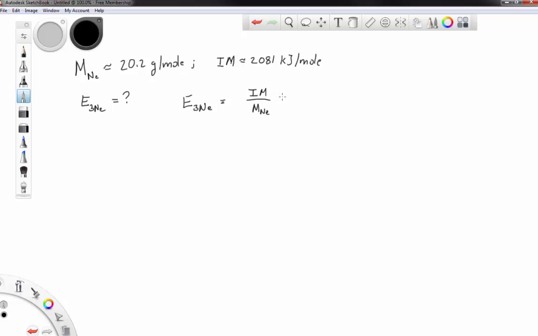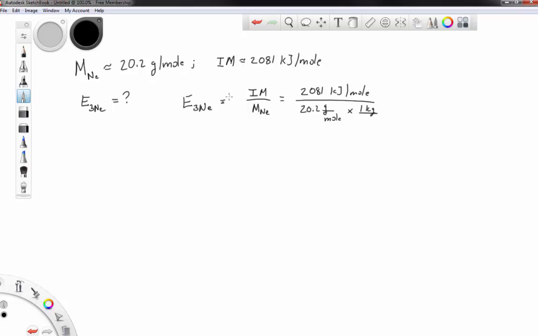So that basically looks like 2081 kilojoules per mole divided by 20.2 grams per mole. But we have to remember to convert this into kilograms, because we also end up having 3 kilograms.